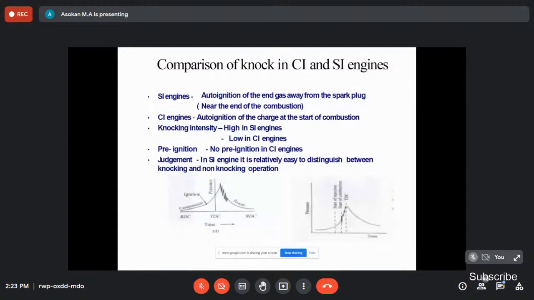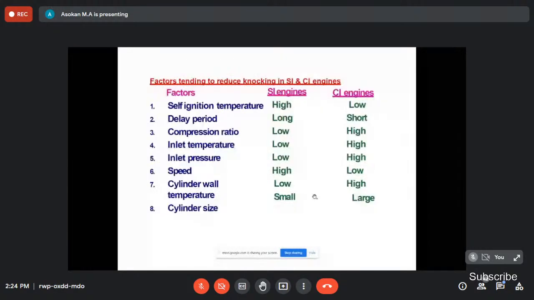But in the CI engine, once combustion starts, the knocking takes place immediately. The knocking tendency is high in SI engine and low in CI engine. There is no pre-ignition in the CI engine. This is the comparison: the self-ignition temperature of SI is high, and the delay period in the SI engine is long, while in the CI engine it is short.